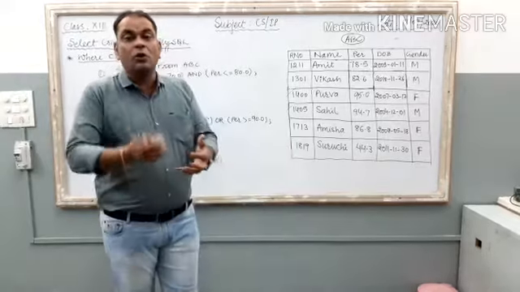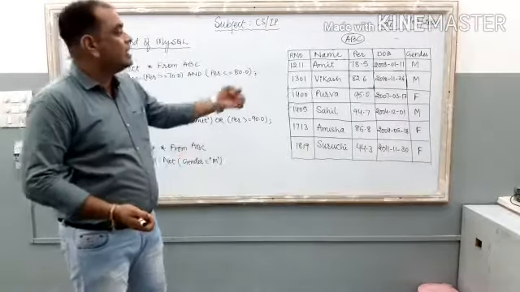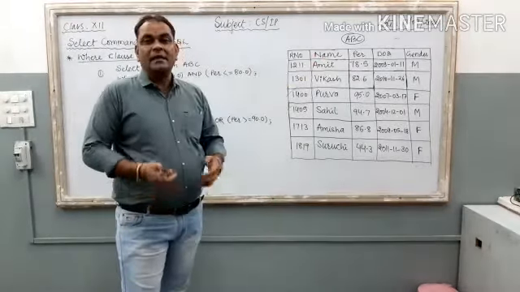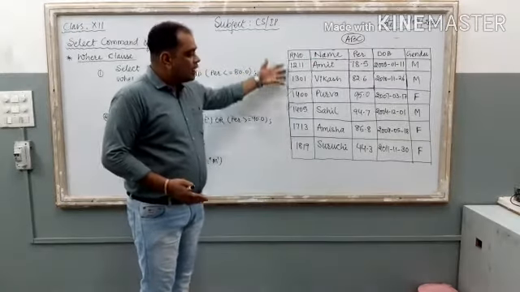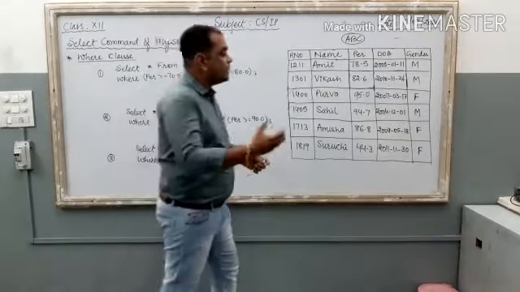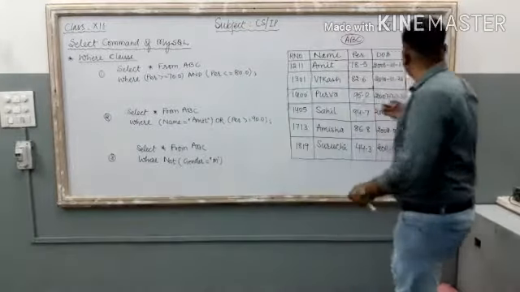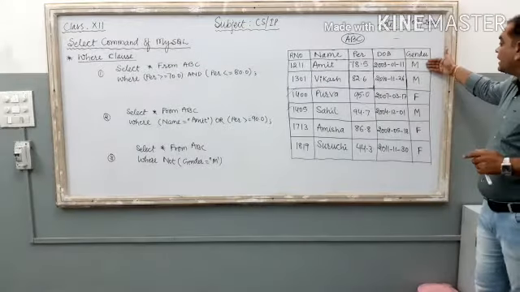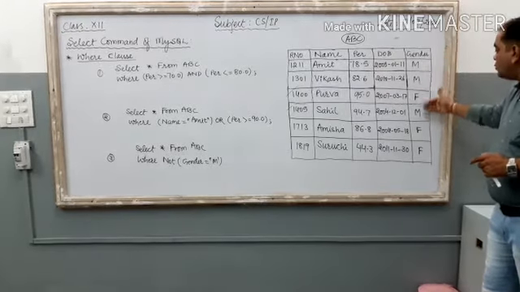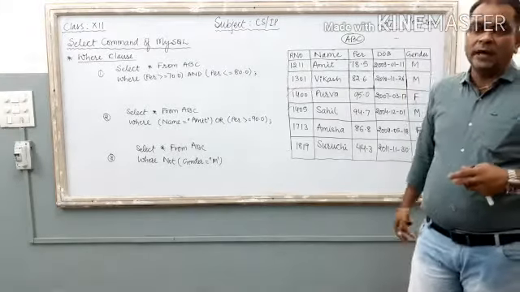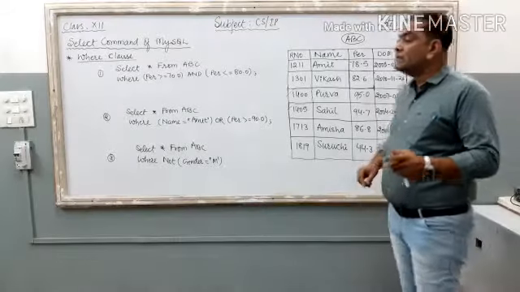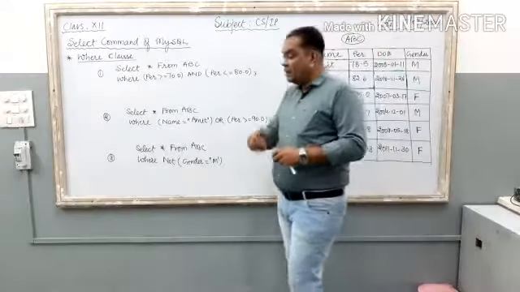Suppose we want to show all the records of male candidates. It means we are going to filter the table. Out of these 6 records, the computer will produce output related to male candidate records only. Out of 6, only 3 records will be on the monitor. Clear? So it is known as record filtering.